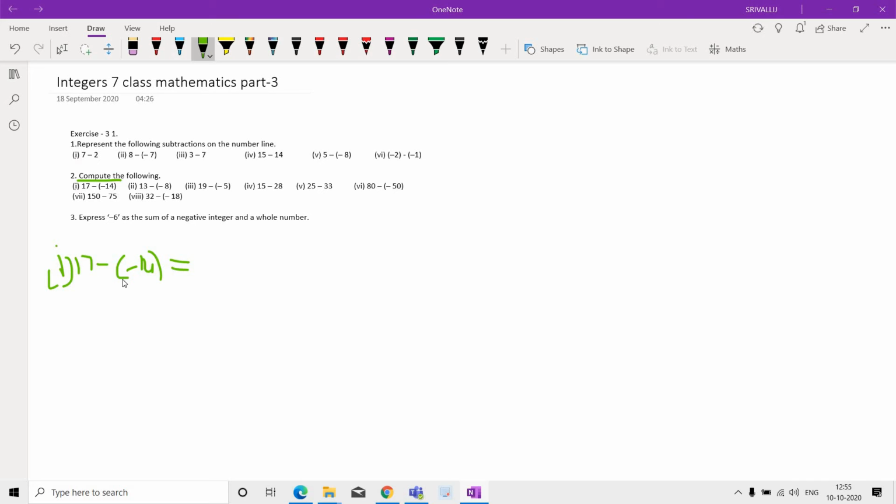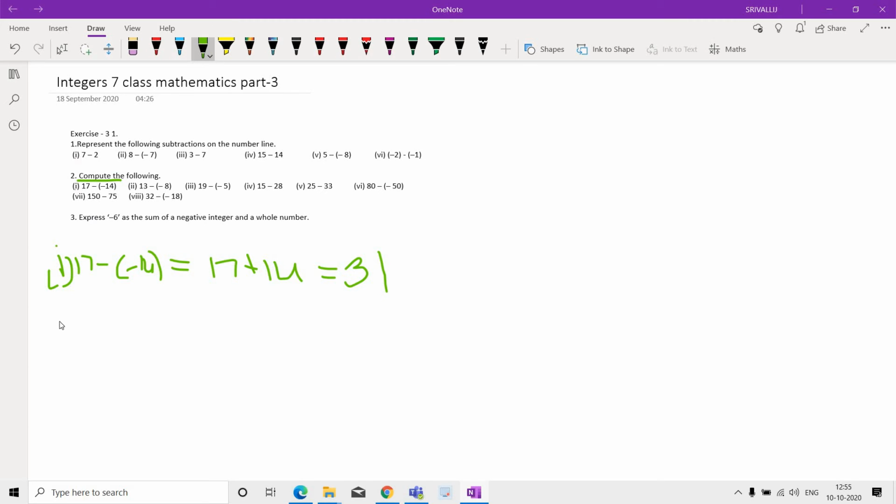So 17 minus minus 14. We know that minus into minus is plus, so 17 plus 14. How much? 31. 17 plus 14 is 31.